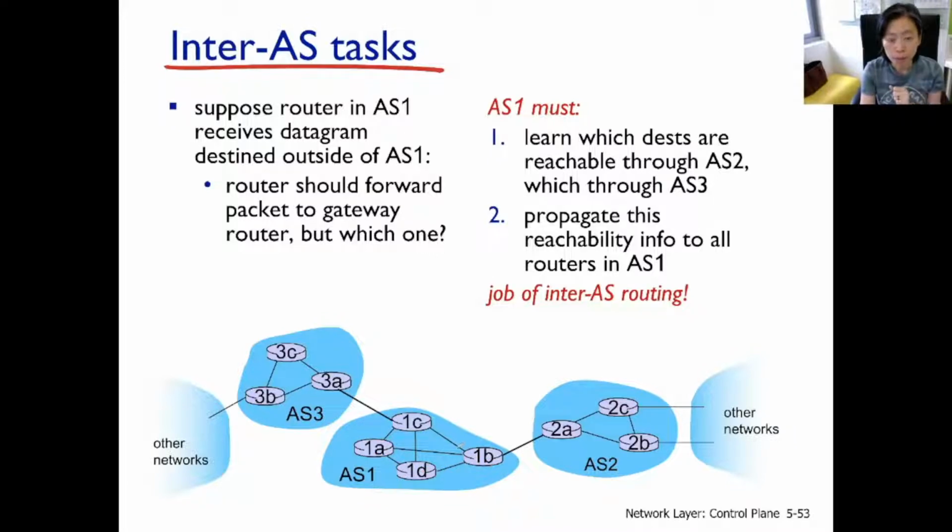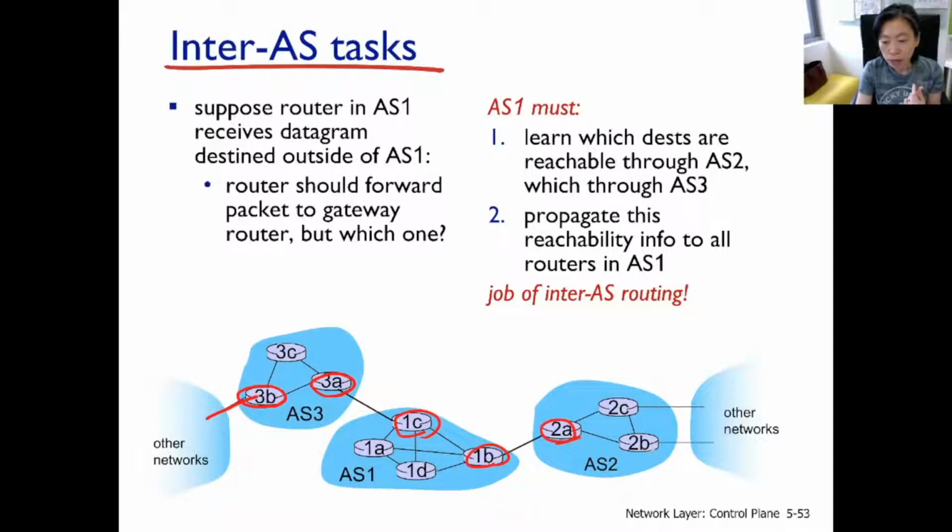No problem. Now, at the higher level, at the inter-AS routing level, we have these gateway routers. 1C and 1B are the gateway routers of AS1. 3A is obviously a gateway router for AS3. But you see here, 3B also has connectivity to outside, to another AS. 3B is also a gateway router for AS3.